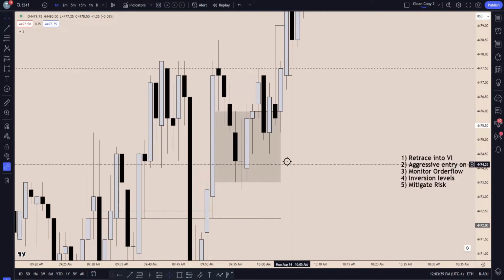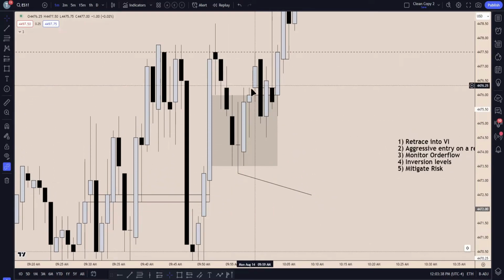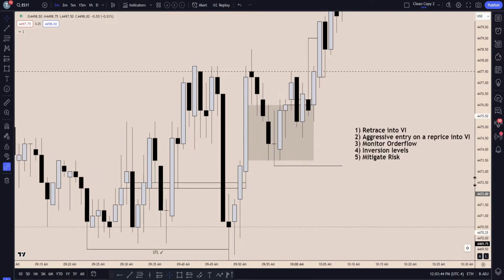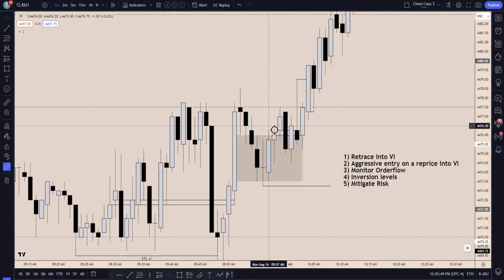And now same thing here. As soon as this volume imbalance gets created and left open, stop can get moved to now this swing low because this newest discount should hold us. So you see how I just continue to use these to follow price action and mitigate my risk as price continues to move in my direction. I would have done the same thing here.